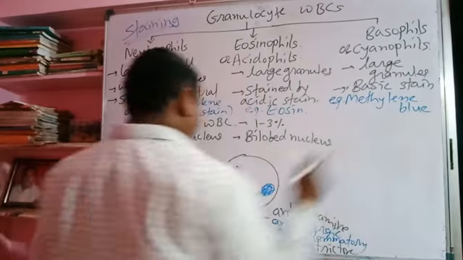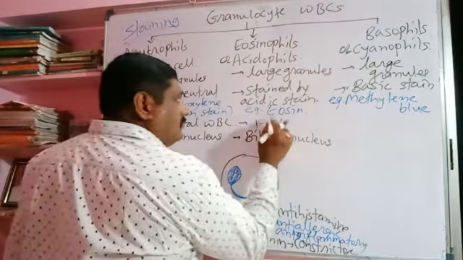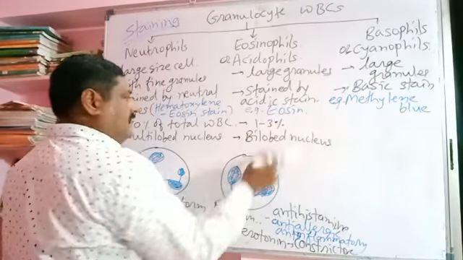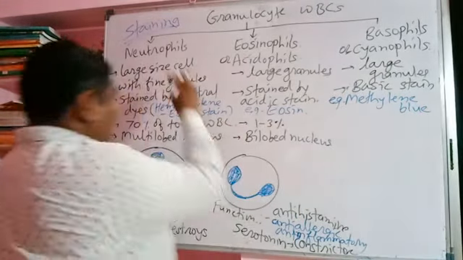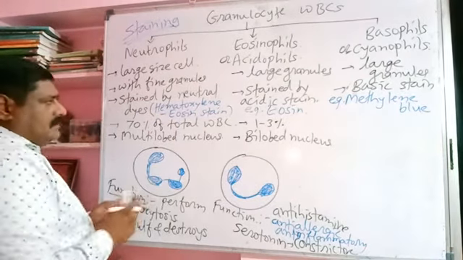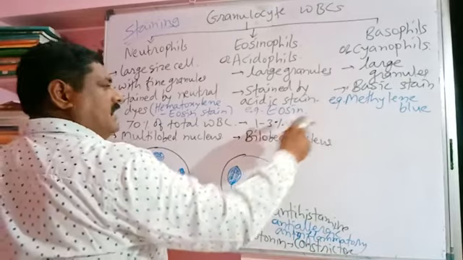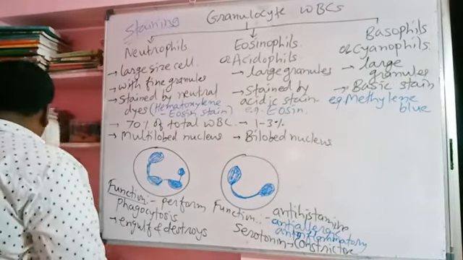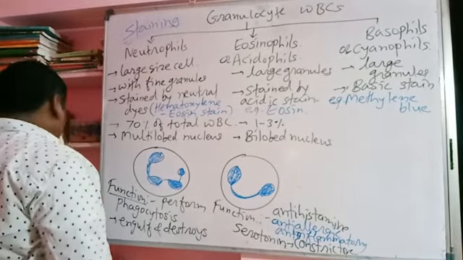So they get purple color. The eosinophil gets bright red color, the neutrophil gets light pink color, and the basophil gets purple color.